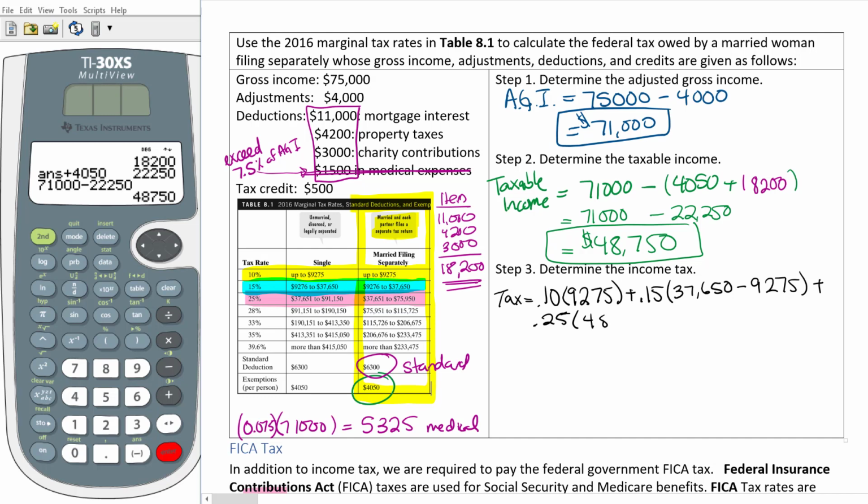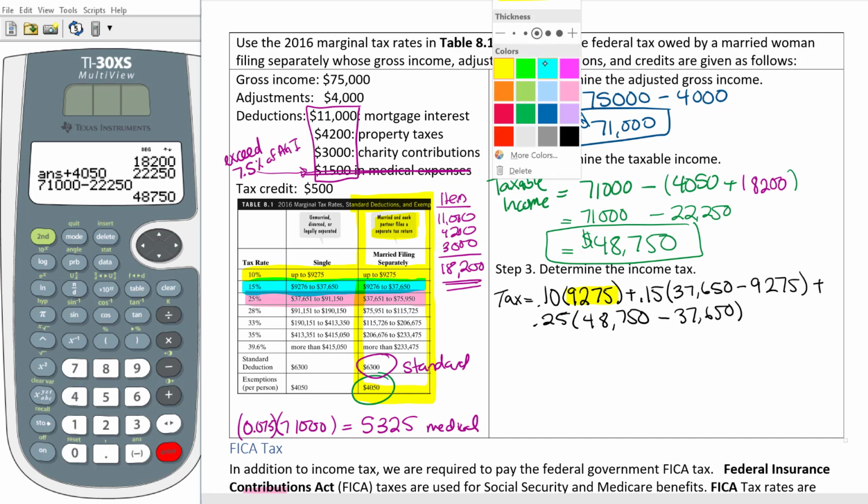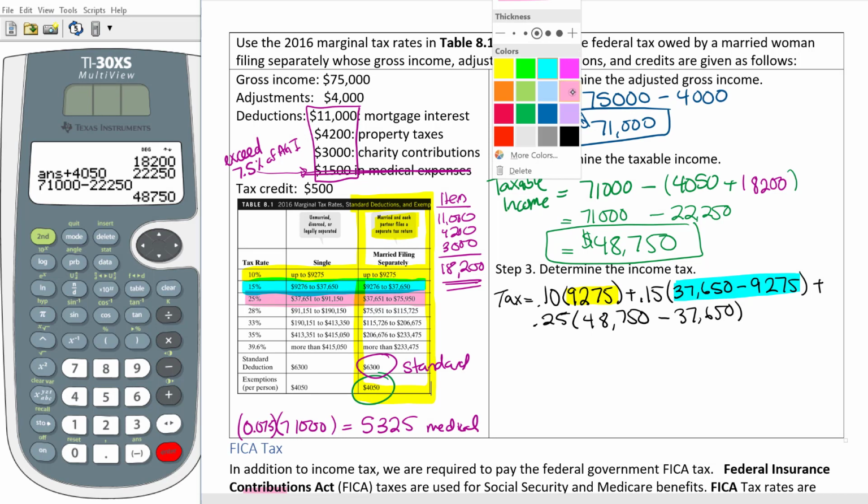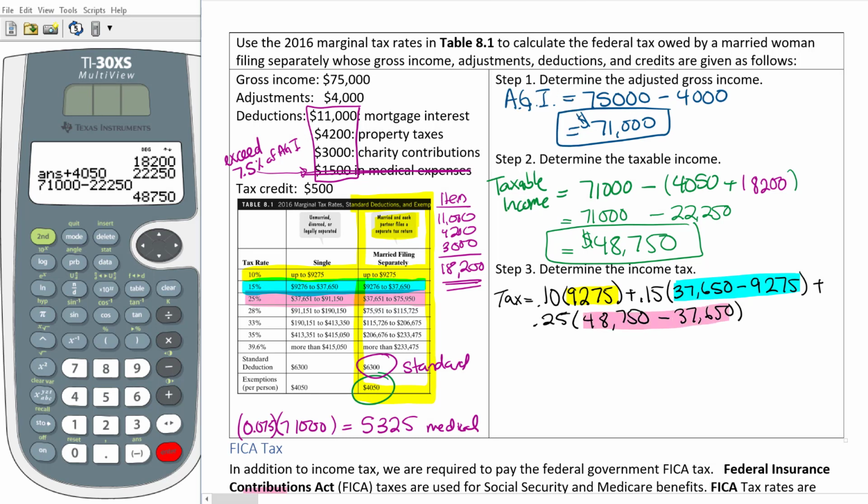It only stops at $48,750. Okay, so I have $9,275 from my yellow 10% bracket, and then I have this much from my 15% bracket, and then I have this much over here in pink from the 25% bracket.